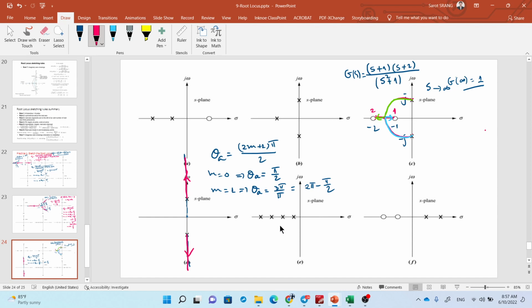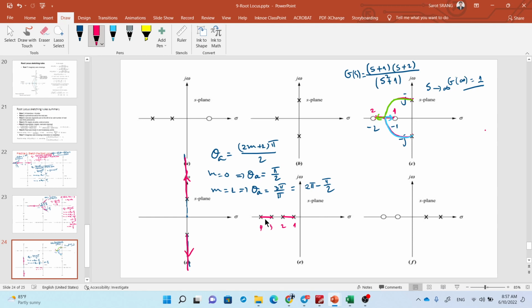How about this one? And real axis segment. You can have real axis segment. Label is number one, number two, number three, number four. So real axis segment on the left of the real odd number, like this. Okay, and we have four asymptotes, right?